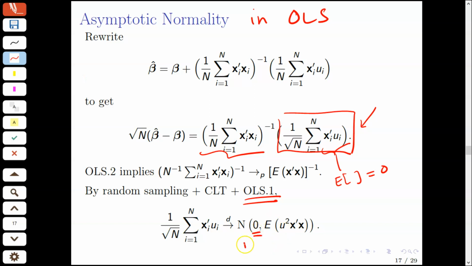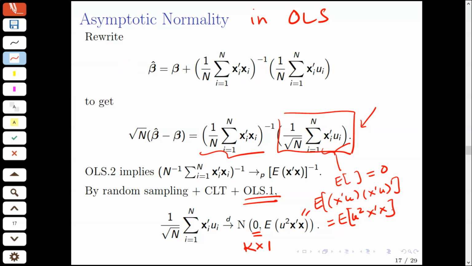This should be a vector of length k. And the variance here is now the expectation of u squared x prime x, which just arises from taking our summands and using the fact that the u is scalar to put it really anywhere, so why not in front, such that we get u squared and x prime x inside the expectation.